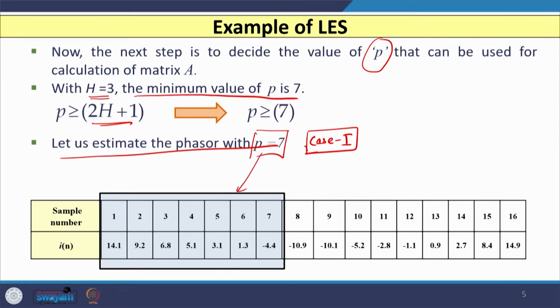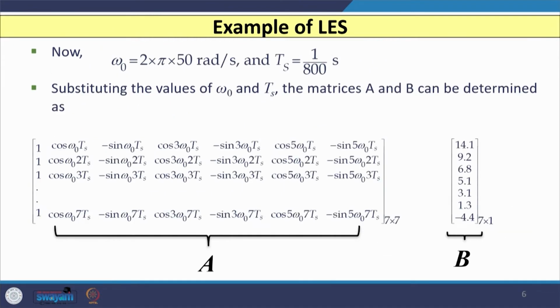We need to consider sample number 1 to sample number 7, and we use the value of omega 0, that is 2 pi f 0, where f 0 is 50 hertz. So, we have omega 0 as this value, and Ts is 1 upon 800. If we substitute the values of omega 0 and Ts, the matrices A and B look like this.